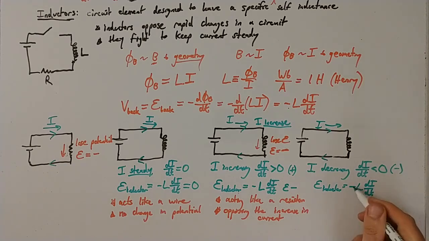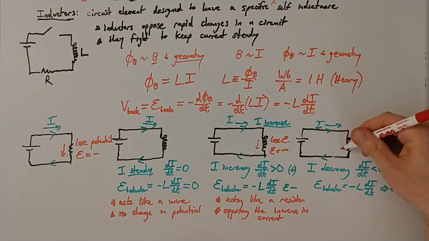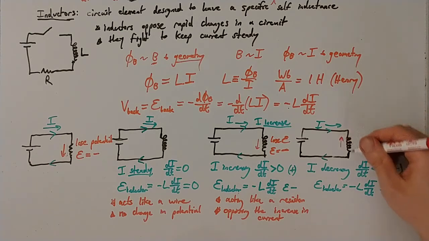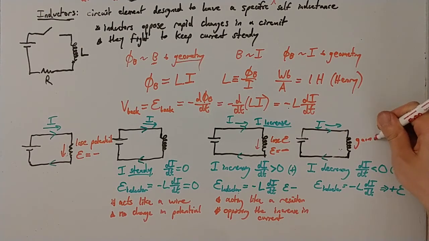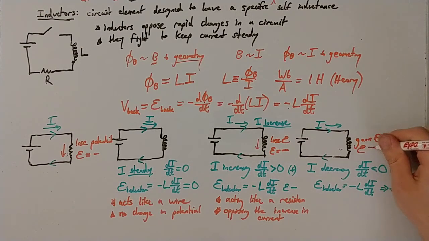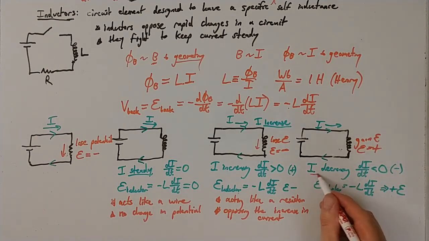And now we're going to have minus a minus, which is going to give us positive EMF. So here, if you go across the inductor this way, with the current, you're actually going to gain EMF. EMF is positive when you go across an inductor if the current is decreasing.